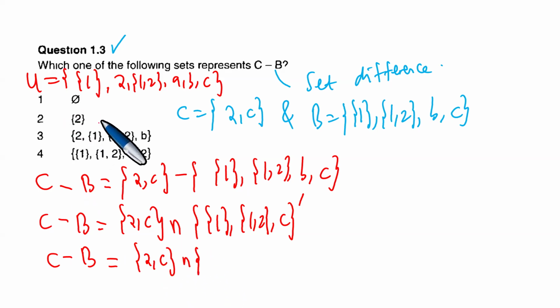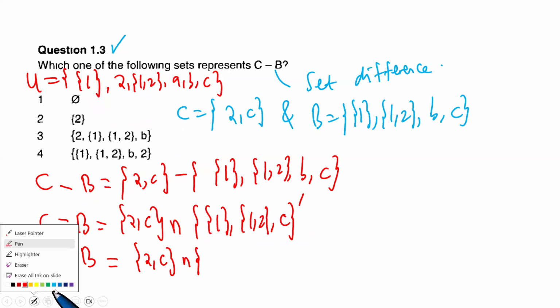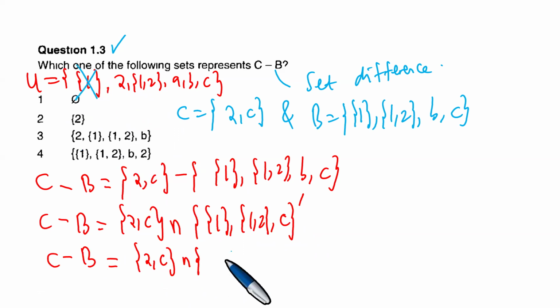The complement of this would be, we remove from this the singleton containing 1, 1, 2, and we also remove C. So in other words, we come to this set, we cross 1 out, we cross 1, 2 out, we cross C out, and we're left with the elements 2, A and B. We list them. It's one way to do it, of course. 2, A and B. And then we're going to look out for what is common.